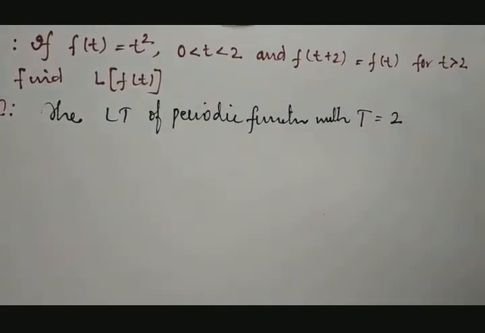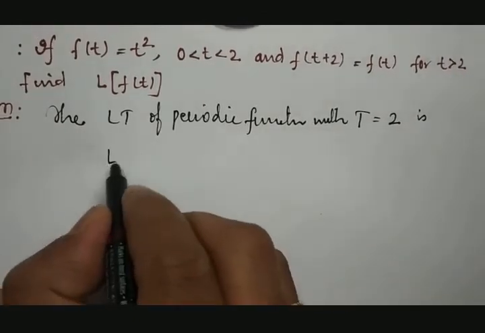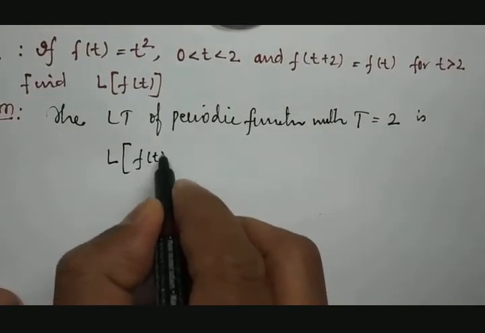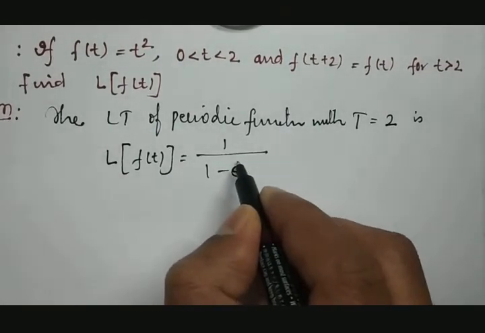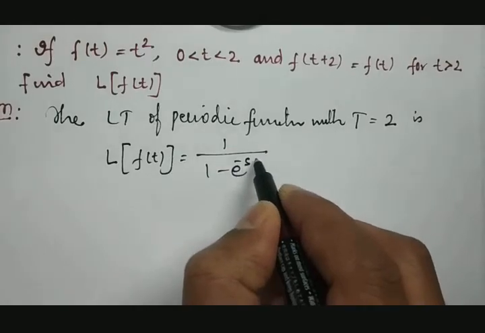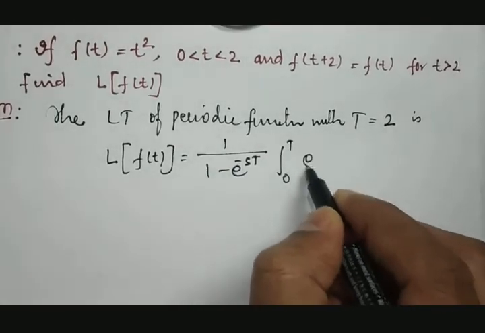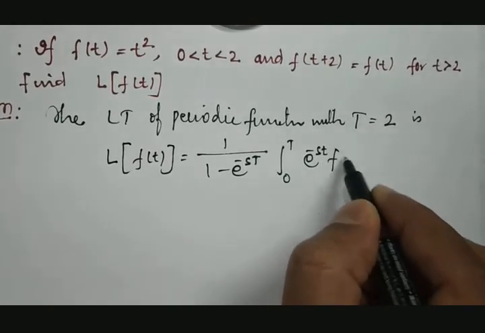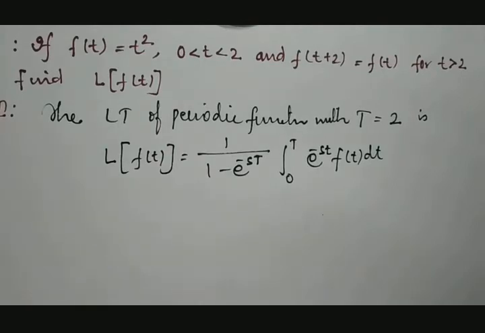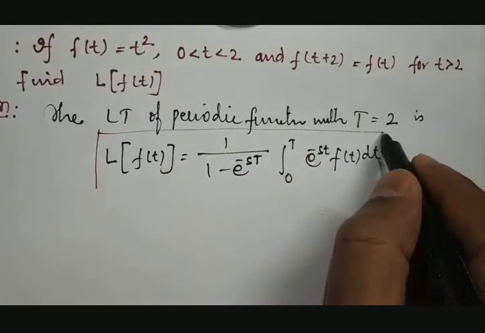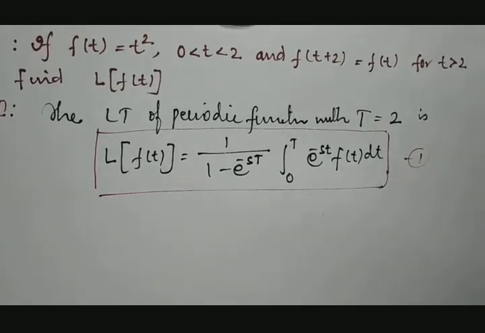The Laplace transformation of f of t is equal to 1 divided by 1 minus e raised to minus sT into the integration between 0 to T of e raised to minus st into f of t dt. This is the formula which we are going to use to obtain the solution.